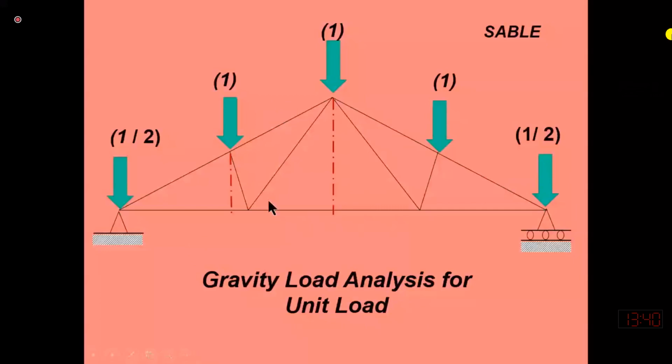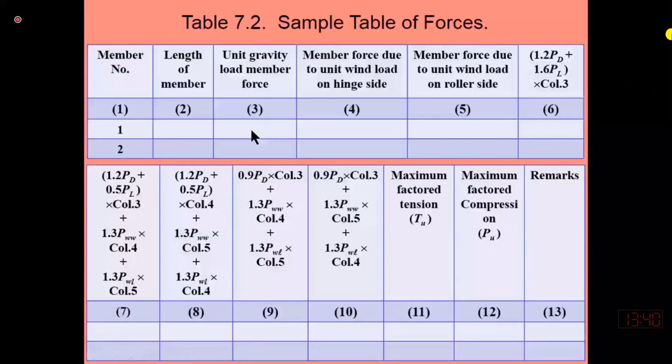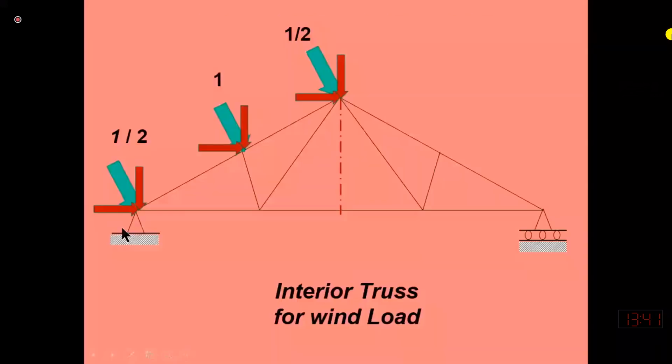Then the member force due to unit wind load on the hinge side. The hinge side you can consider the left side; in my case, I have considered the hinge side on the left. Due to this load, half, 1 and 1 by 2. Instead of applying the inclined load, you can convert this load into 2 components, horizontal and vertical.